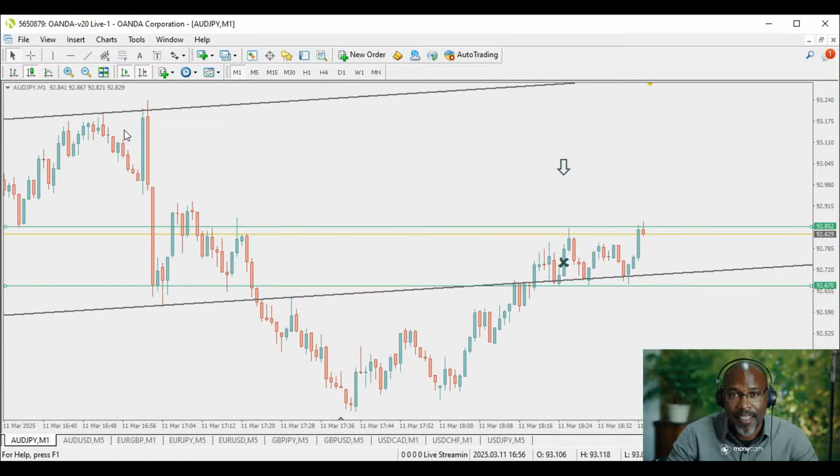So I was looking for this to reverse direction, and it did not reverse direction, but it also has not made any progress in the last 25 minutes.